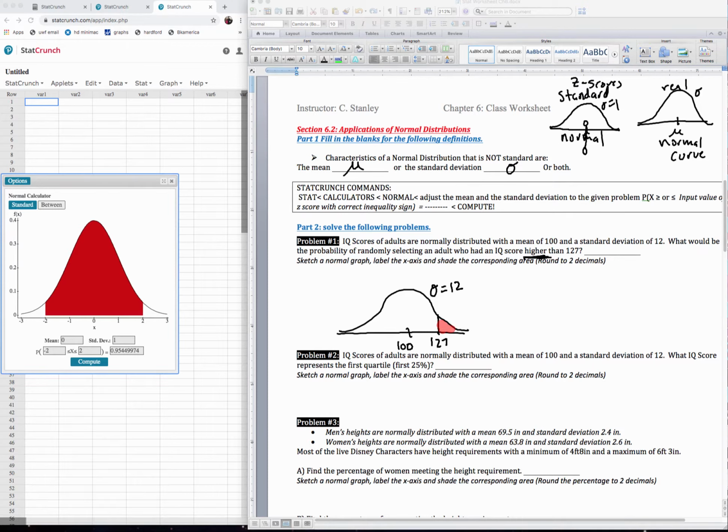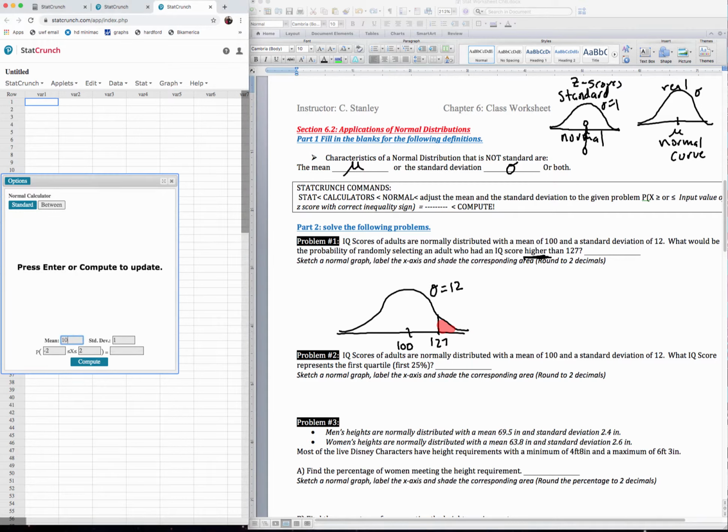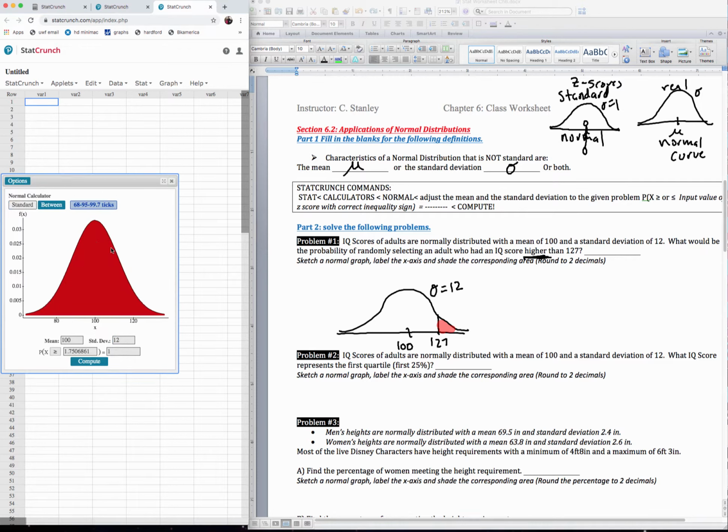So then I just go to my calculator. Now I have to change the mean to what they told me, 100. Change my standard deviation to 12. And then I need to go to standard. Higher is a greater than or equal to sign, so I'm already there.